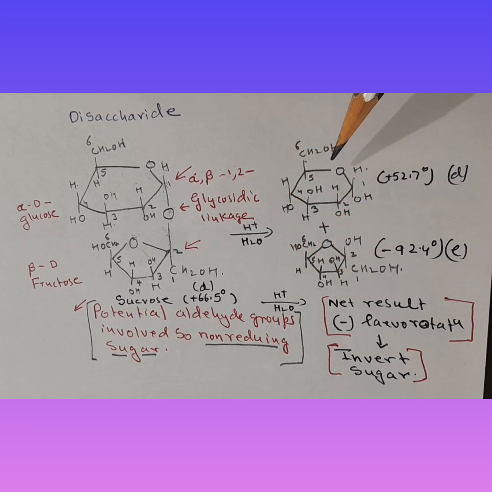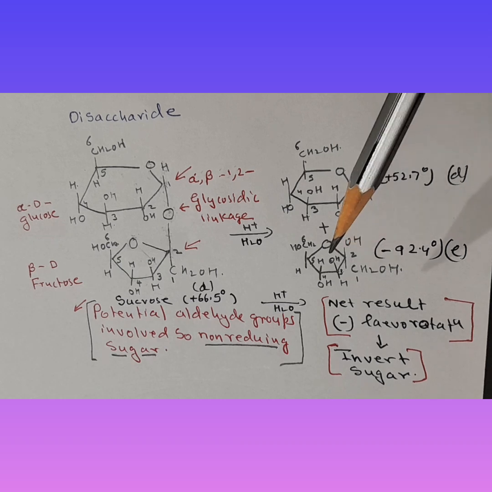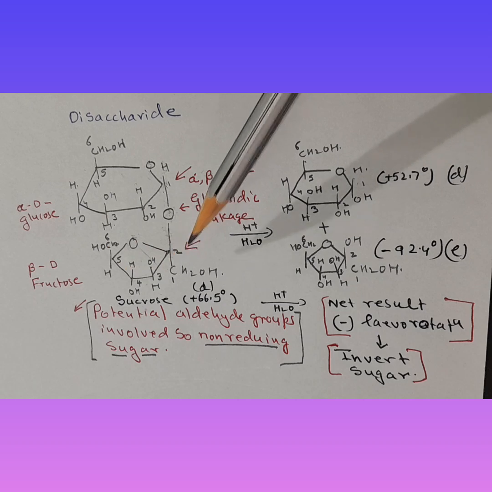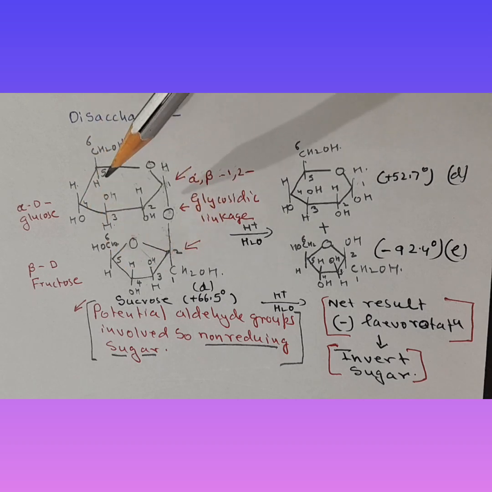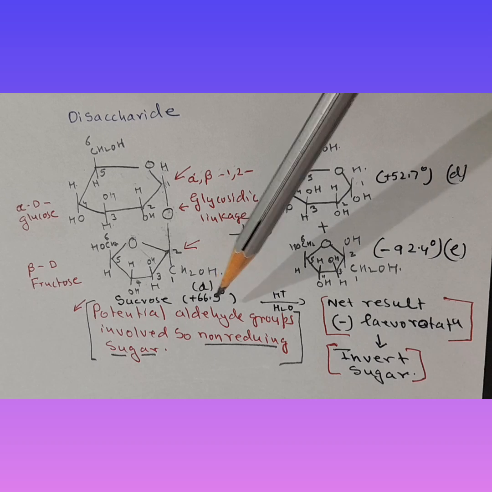Obviously we get alpha glucose and here we get beta fructose. Now the optical rotation of this molecule, sucrose, is plus 66.5 degree.